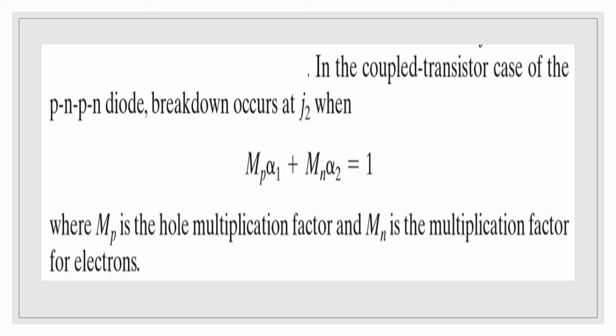Since alpha 1 and alpha 2 increase as the base width decreases, triggering can occur by the effect of base width narrowing. A true punch through of the base region is seldom required, since moderate narrowing of these regions can increase the alpha enough to cause switching.